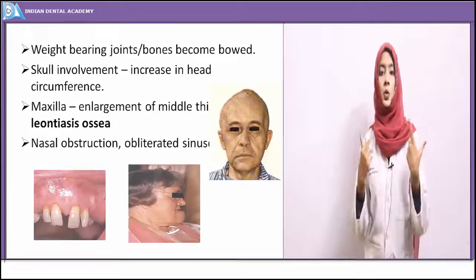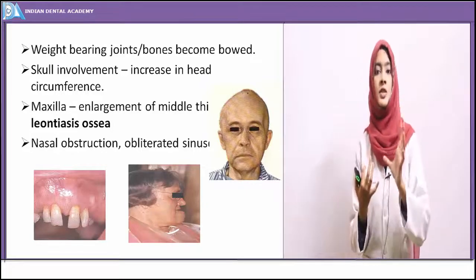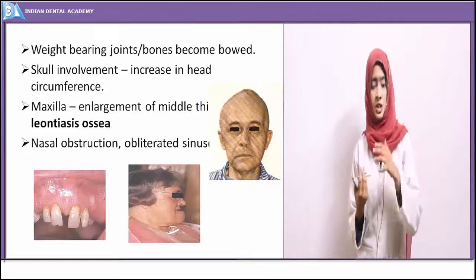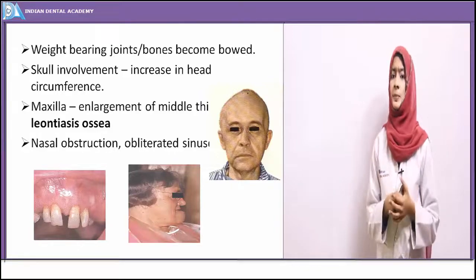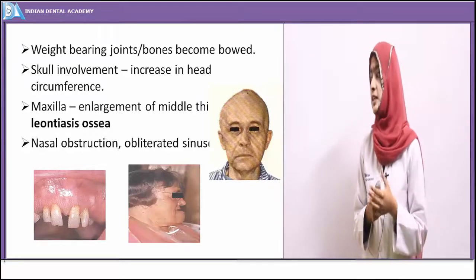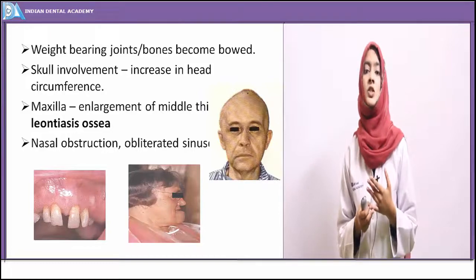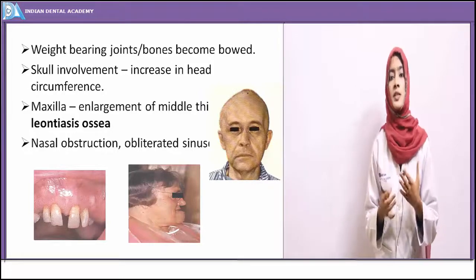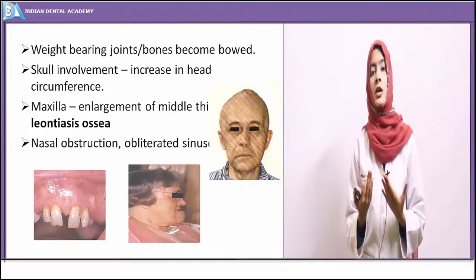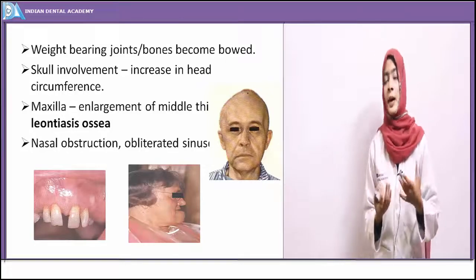Coming to the oral cavity, there is enlargement of the maxilla. The maxilla becomes V-shaped. The term Leontiasis ossea has also been used specifically for the enlargement of the facial skeleton or the maxilla.